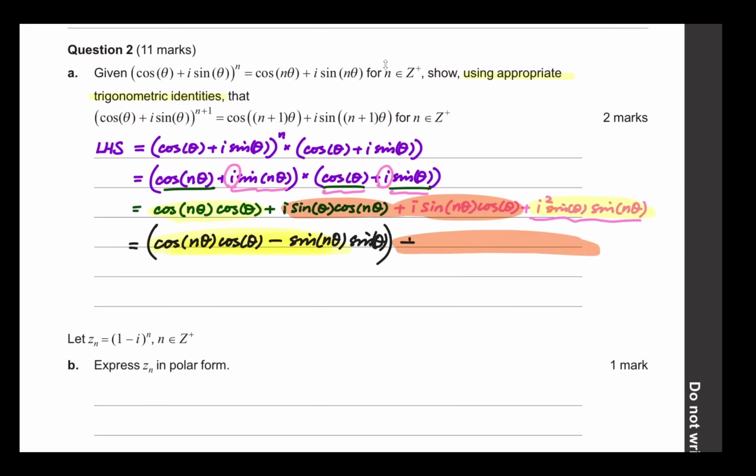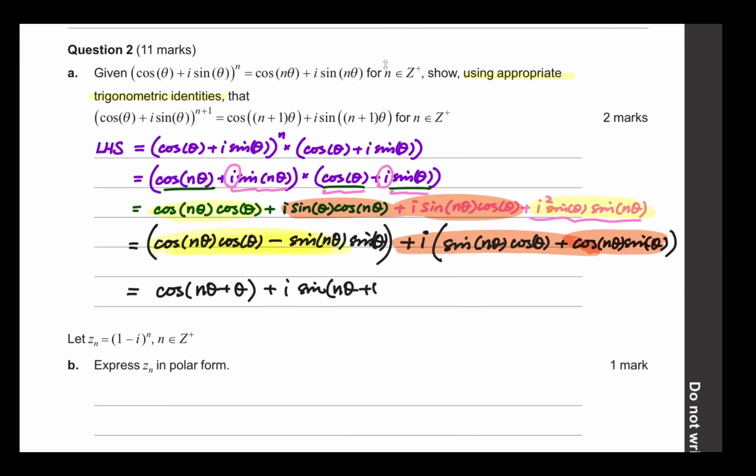That's one part, plus i lots of sin n theta cos theta plus cos n theta sin theta. And you could combine that as cos n theta plus i sin (n theta plus theta), and that equals the right-hand side. So the important thing is you need to really show your expansion and use of compound angle formulae.